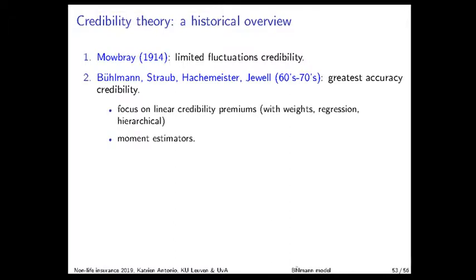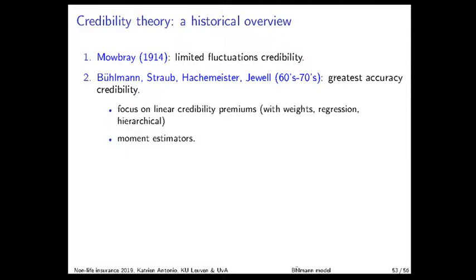Bühlmann, Straub, Hachemeister, and Jewell launched their work on greatest accuracy credibility in the 60s and 70s. And their focus was on deriving linear credibility premiums in various settings. Parameters in these models were then estimated via moment estimators.